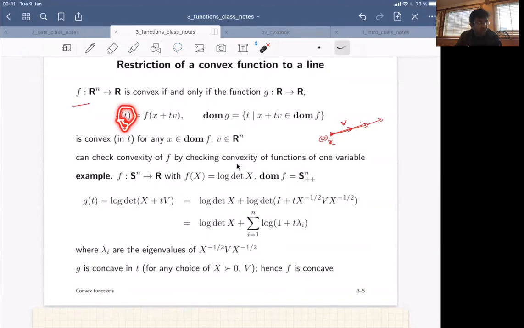If you find that it is convex, then you can say that our original function is convex. This is very helpful where you have a complicated function: you evaluate it on a line, and now you have a new function g of t, and if g of t is convex, then the original function is convex. Again, we are not covering the proof for this.